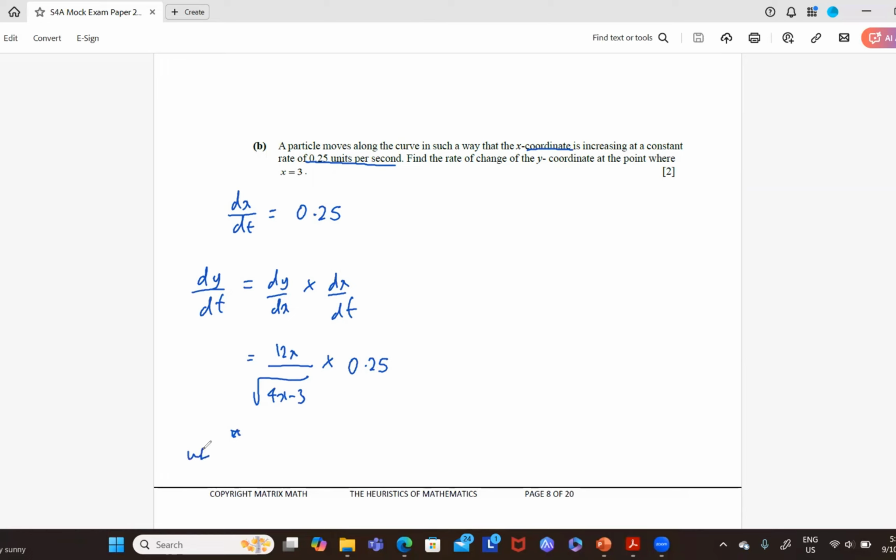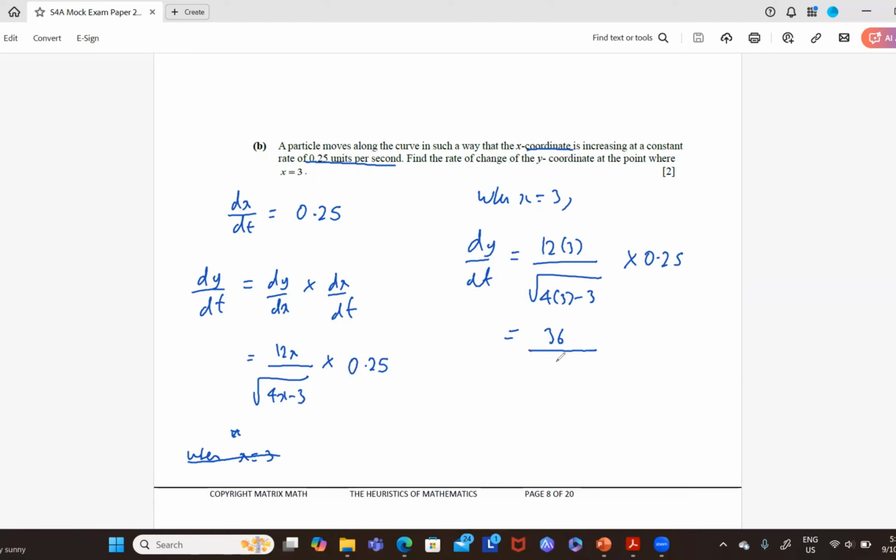So you might want to write down when x equals 3, dy over dt will equal 12(3) over square root of 4(3) minus 3, times 0.25. So this is 36 over, 12 minus 3 is 9, square root of 9 is 3. So this is 12 times 0.25, which equals 3.